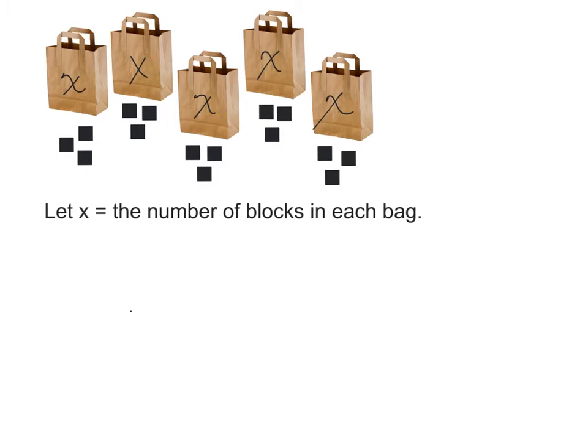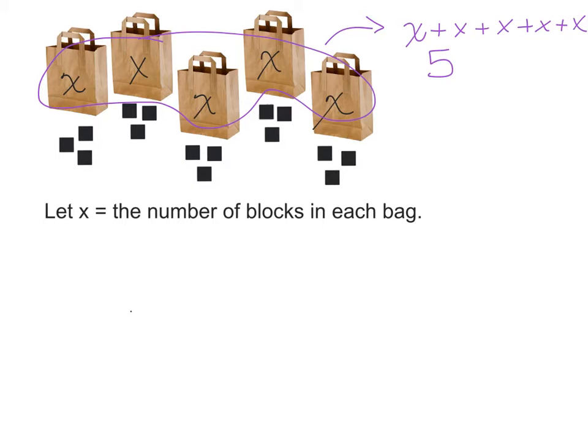Now we're going to talk about the total number of blocks in all the bags. I'm circling those in purple. If we want to find the number of blocks in all the bags, we could add x plus x plus x plus x plus x. The easier way would be to say, okay, I have 5 groups of x, so I would just multiply 5x.